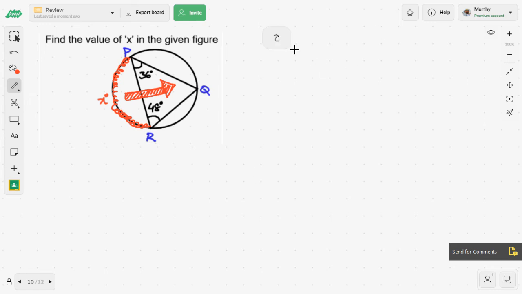And I know that the rule is the measure of angle equals half the measure of arc. So I should know at least one of them. Do I know the angle Q here? If I knew the value, then I can plug in here. And do I know the value of the arc?